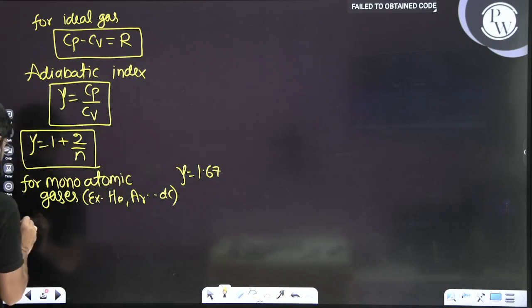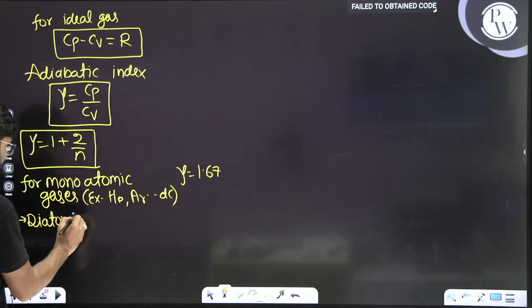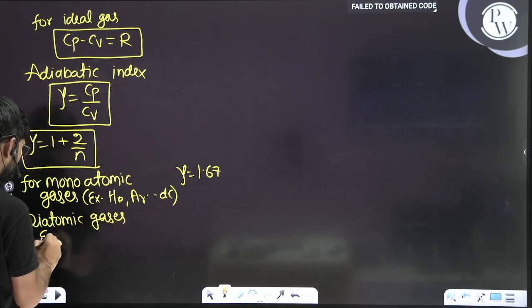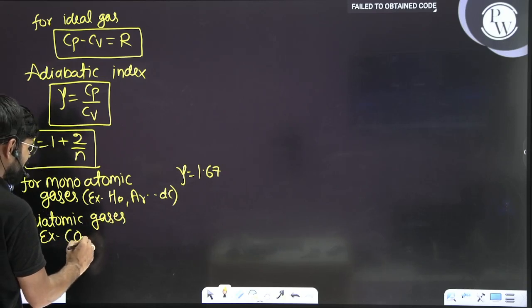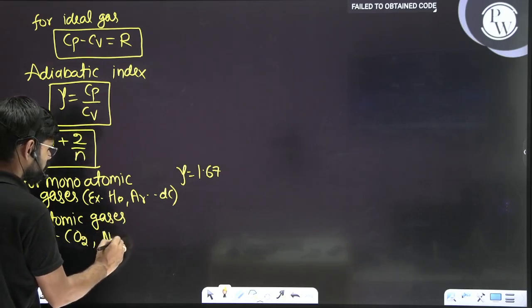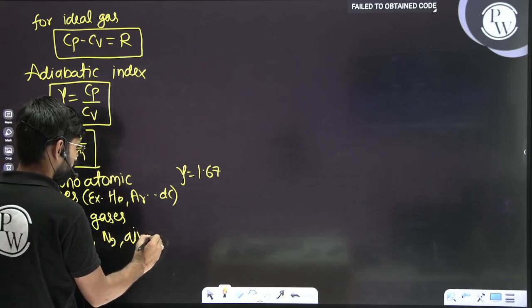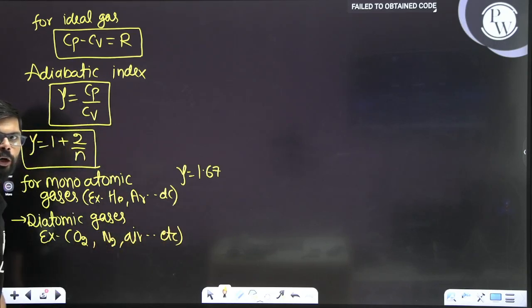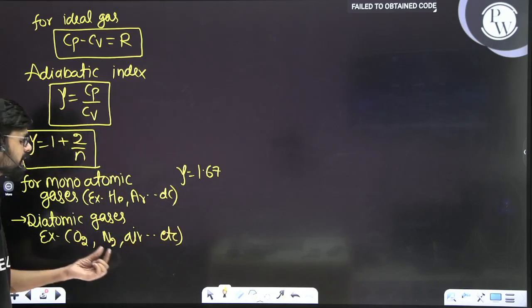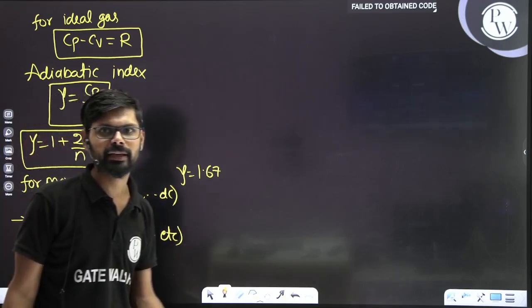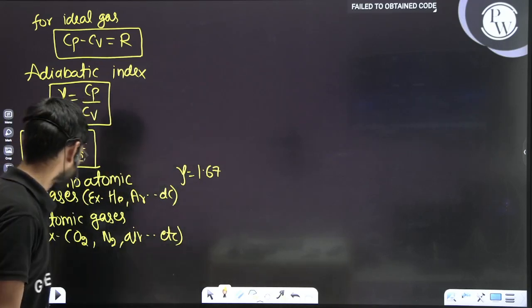Then another one is diatomic gases, where two atoms are there, for example O2, N2, and even air. Why is air diatomic? Because air is majorly a mixture of O2 and N2 only. So a mixture of two diatomic gases is also treated as diatomic.